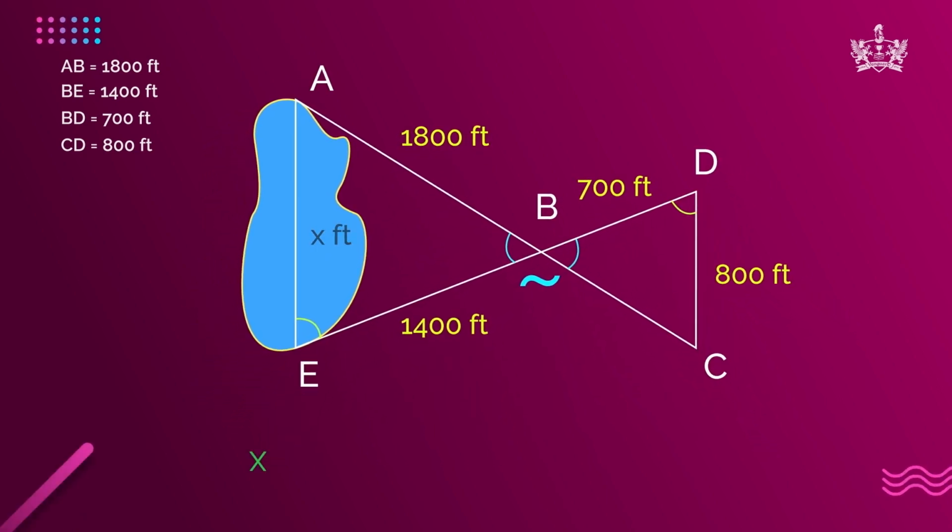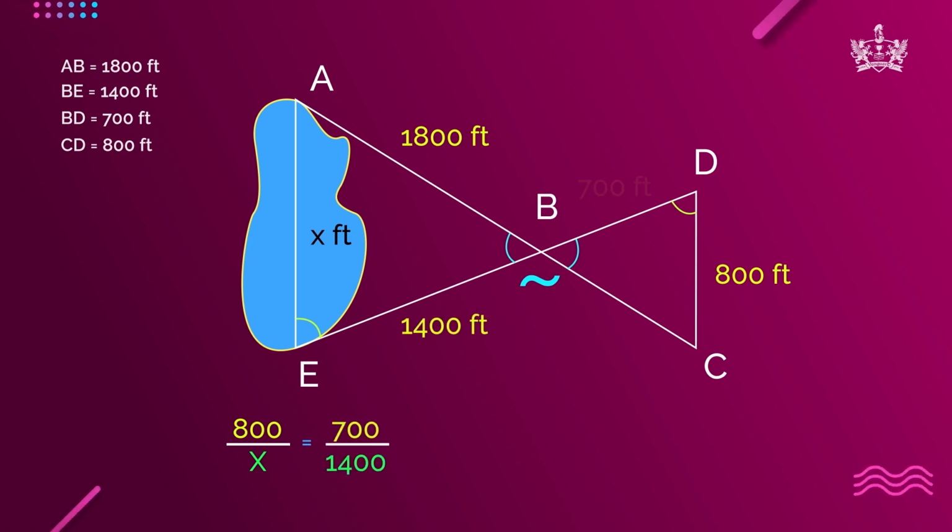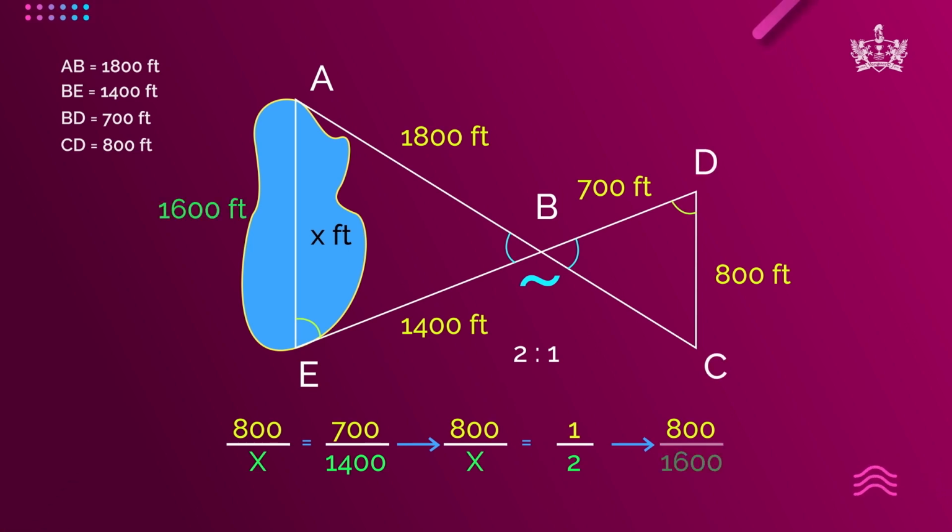So, side X, or side AE, directly corresponds with side DC, which we know to be 800, and we know that EB and BD correspond with each other, and that is 1,400 to 700, or 2 to 1. Therefore, we just need to double side DC as well to get 1,600 for side AE. That's it!